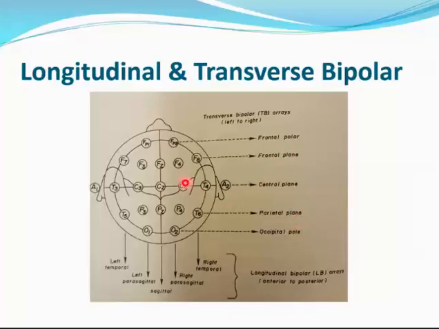This is transverse, going from left to right. And here we have front to back, which is the right temporal, right parasagittal, the sagittal and left parasagittal, and we also have the left temporal. So you see we have a longitudinal and transverse bipolar montage there.